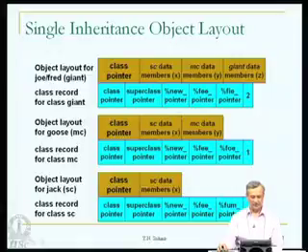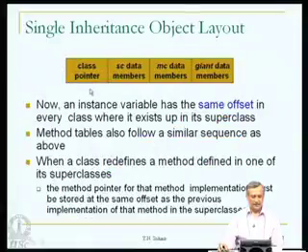Now, the problem is, the instance variable has the same offset in every class where it exists in its superclass. So, SC will always be present in this area, MC will always be present after SC, and giant will always be present after SC and MC.